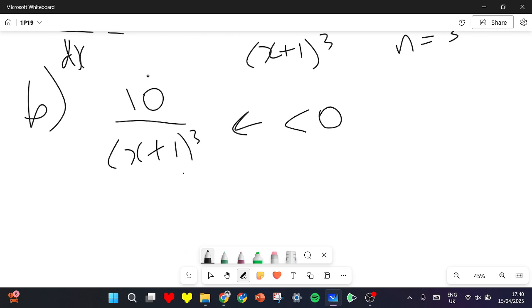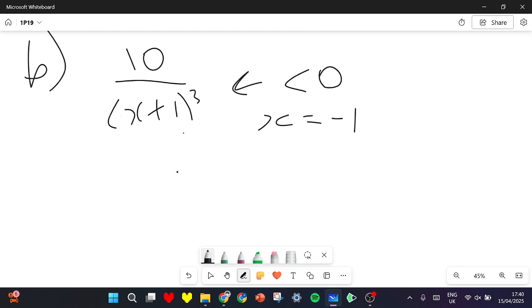Let me think. Okay, well, you know that if you put in x equal to -1, you'd get undefined on your calculator, because you'd be dividing by 0.